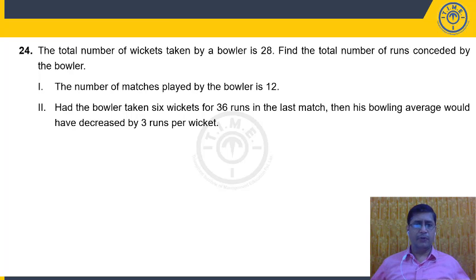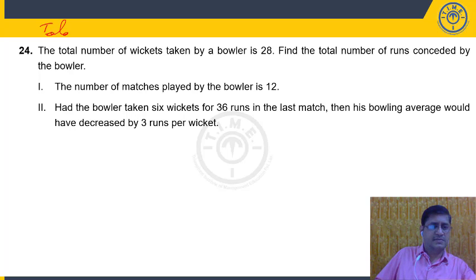Look at this one. The total number of wickets taken by a bowler is 28. Find the total number of runs conceded by the bowler. So what does the total number of runs conceded by the bowler mean? Just note down, write down this one.